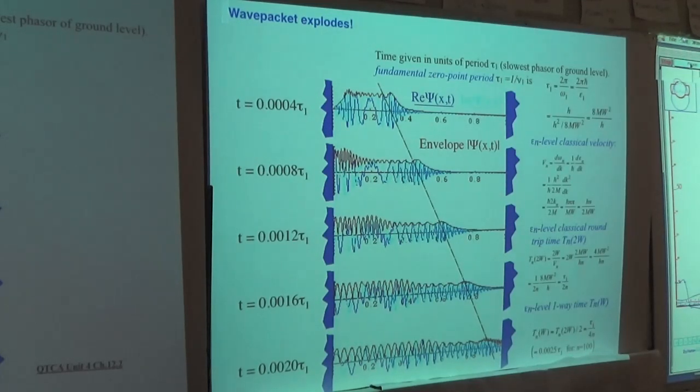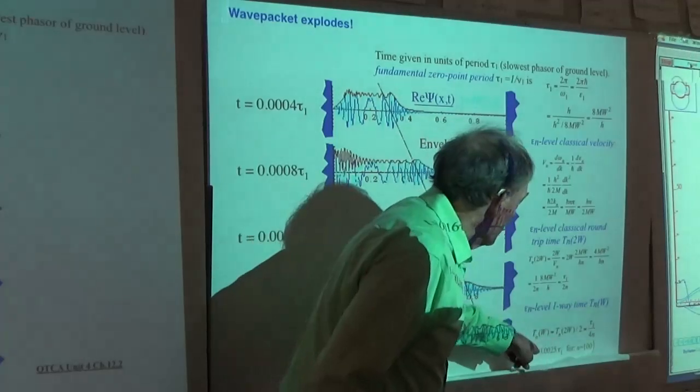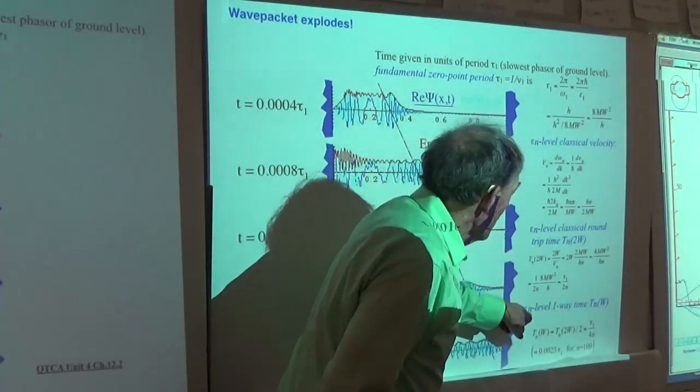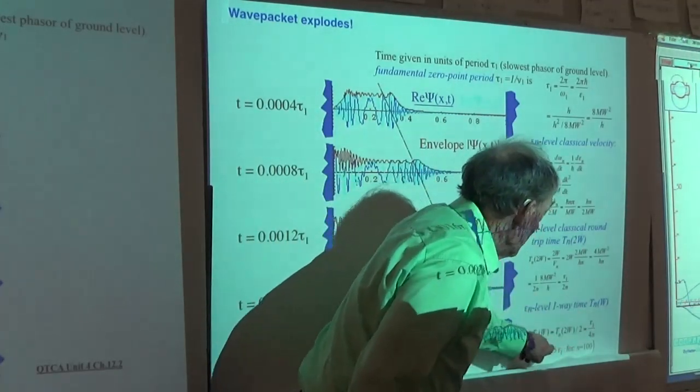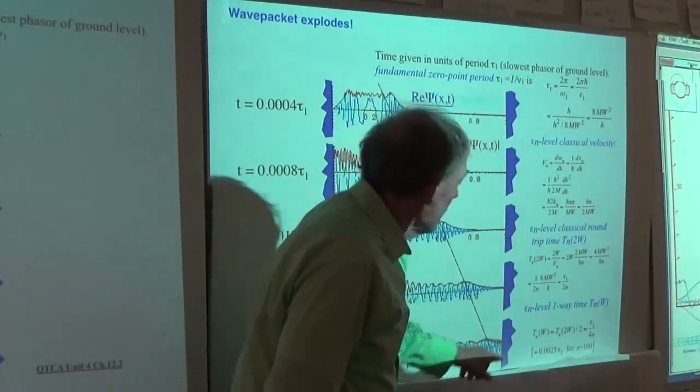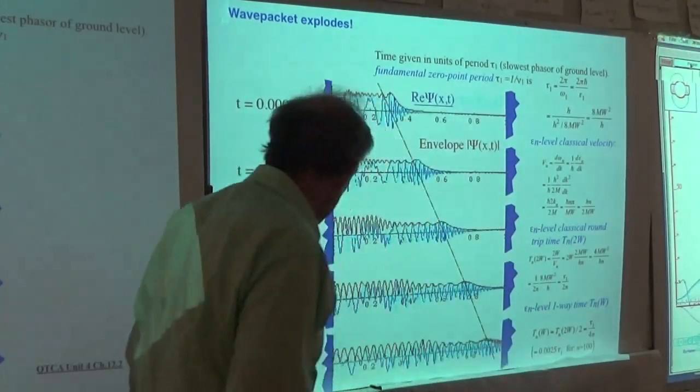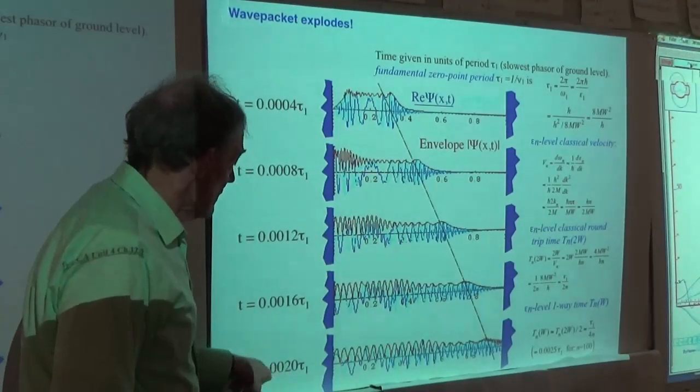Get the classical value from the group velocity, and then figure out where it takes. You calculate for n equal 100 in order to get the one-way time for this thing, which is 0.0025, and that's pretty close to this.